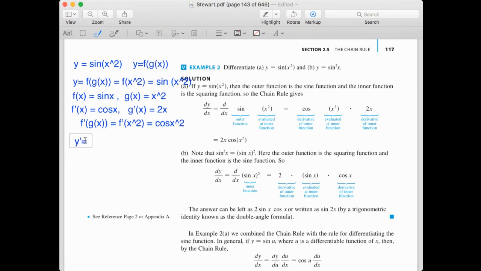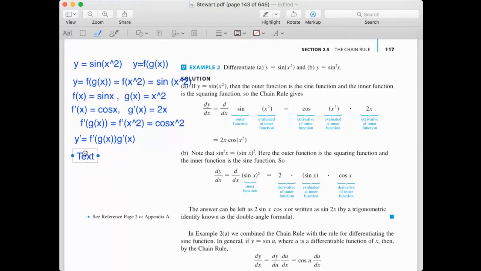So y prime equals f prime, take g as the input, multiply g prime, right? That's a very good point. You caught my mistake. So now y prime equals f prime of g of x times g prime of x.